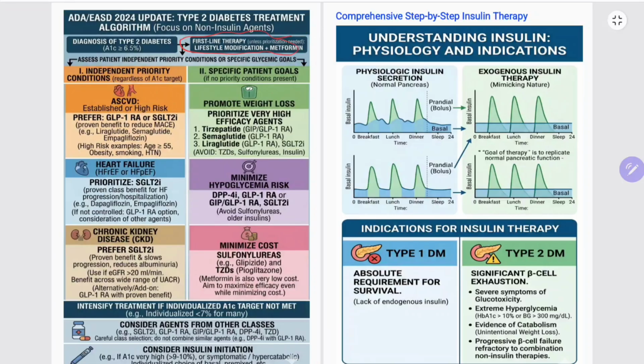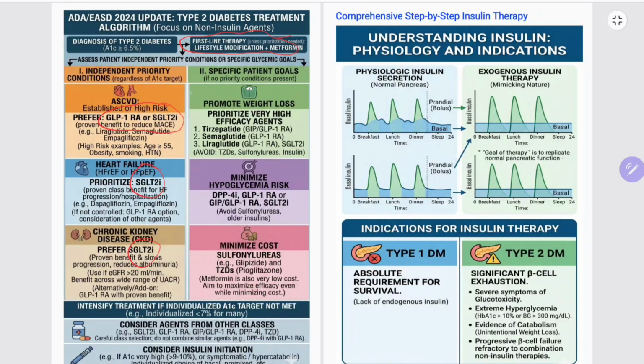Then first you will consider the comorbidities, particularly any cardiovascular or renal comorbidity. Depending upon that, you will choose either GLP-1 or SGLT2 inhibitor based upon the cardiovascular and renal comorbidity, irrespective of the levels of HbA1c.